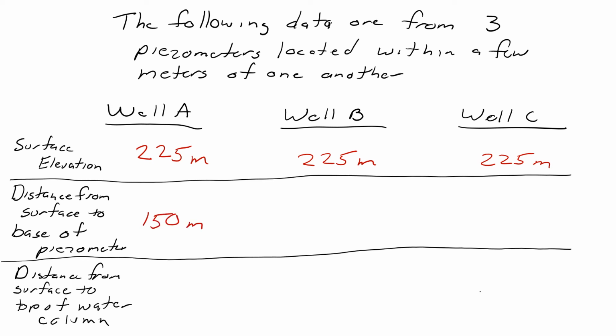So this first one, well A, the driller drilled down 150 meters from the surface. Sunk a bunch of PVC down to that lowest level and made this into a piezometer. The second one, he only drilled down 100 meters, did the same thing. And the third one, the driller drilled down 75 meters. So these all went to different depths, even though they're very close to one another.